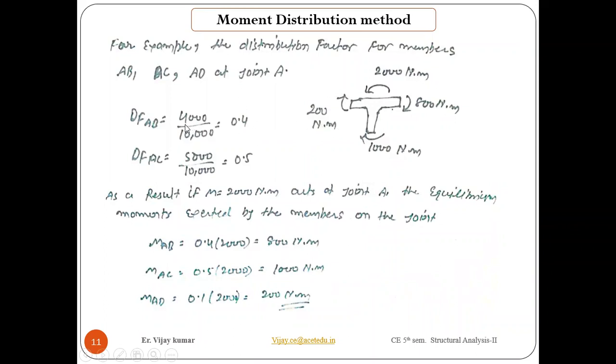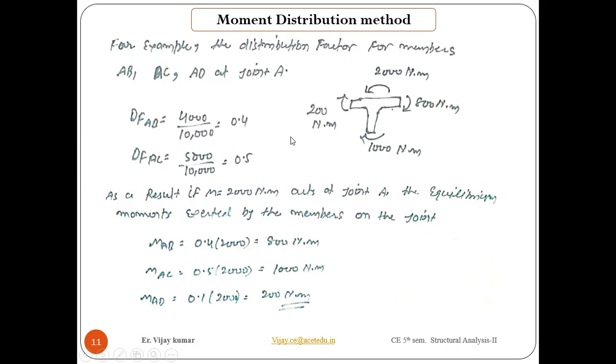The distribution factor tells us what fraction of the total stiffness is taken by that member. Total is 10,000 and 4,000 is taken by this, so the fraction is 0.4. Similarly for AC it is 0.5, and for AD, 1,000 divided by 10,000 is 0.1.